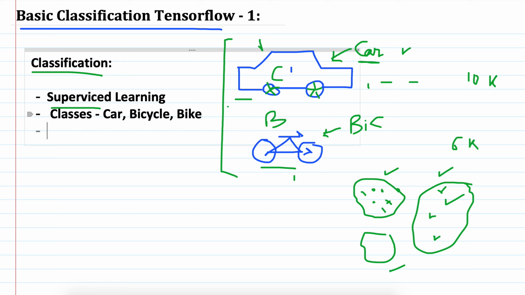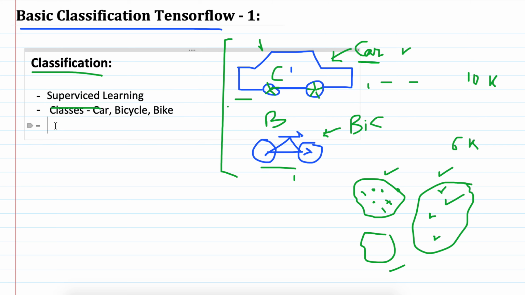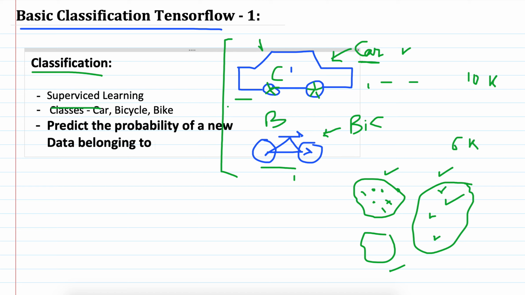And ultimately, based on the given data, the machine will try to predict the probability of a new data belonging to either car, bicycle, or bike.